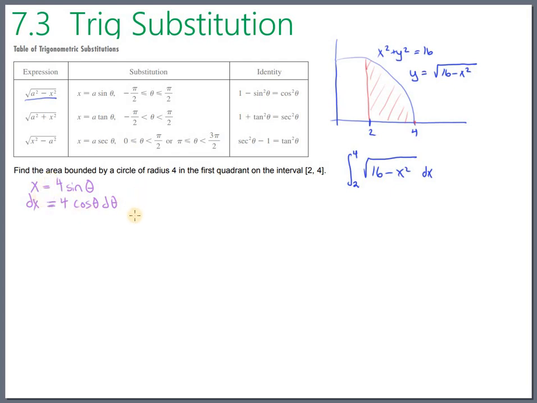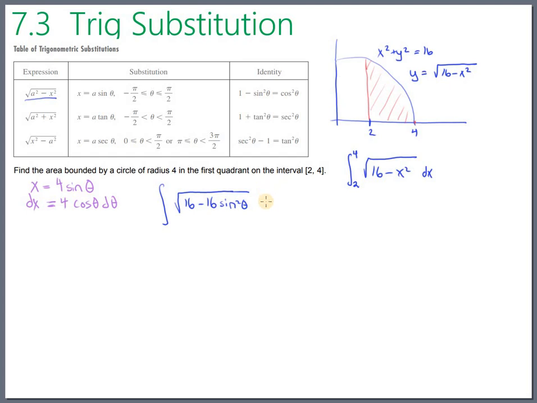But okay, so let's see if we can rewrite this integral. We've got the square root of 16, and when I substitute x for 4 sine theta, squaring that becomes 16 sine squared theta.